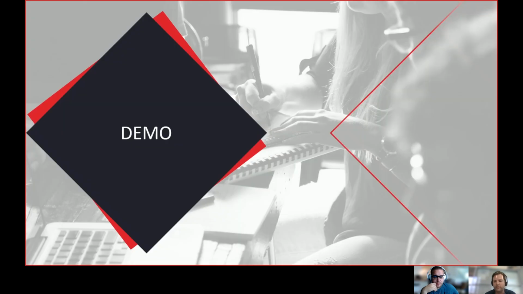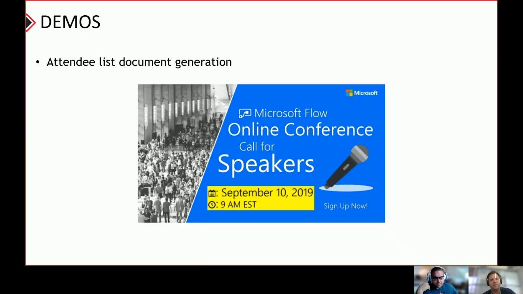Okay. So let's go into the demo. Let's do it. The best part. I've got a crazy good demo, because we all know the Microsoft Flow online conference is going to be on September 10th. Yes. And you know everything about that. Yeah, I want to demo an attendee list document generation.